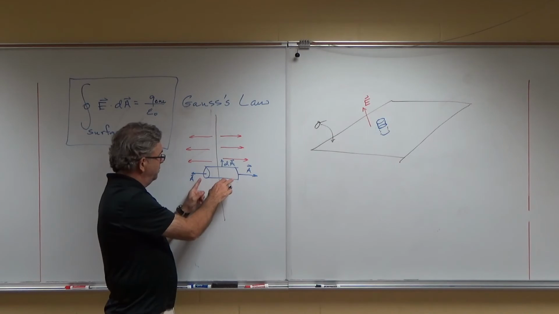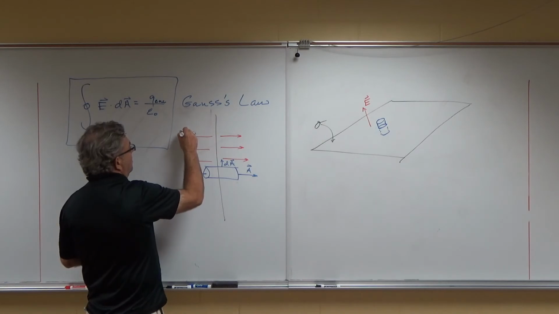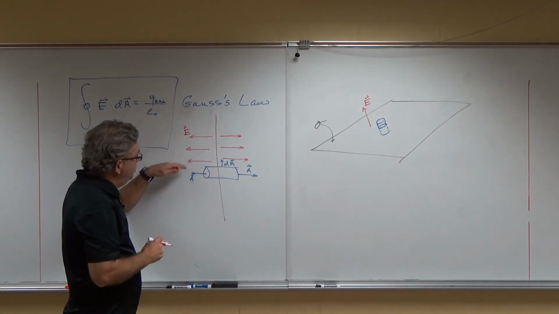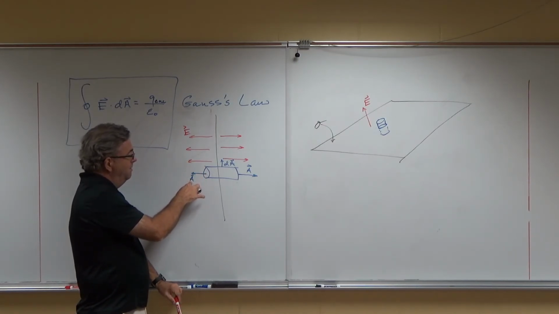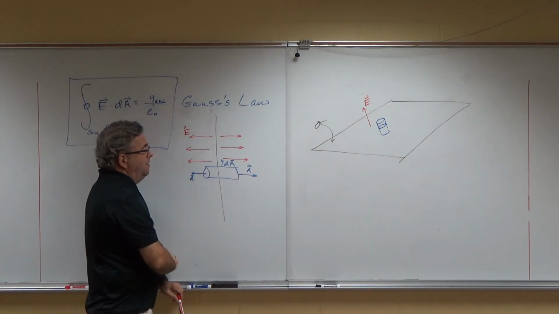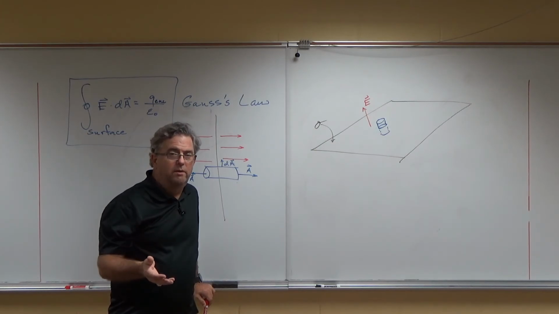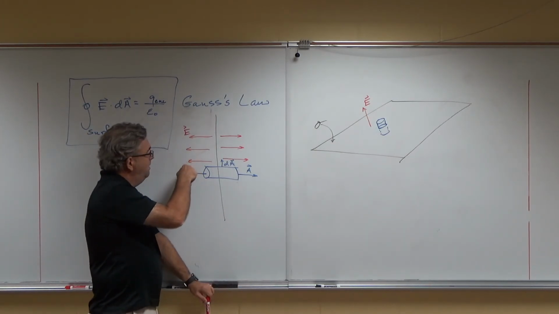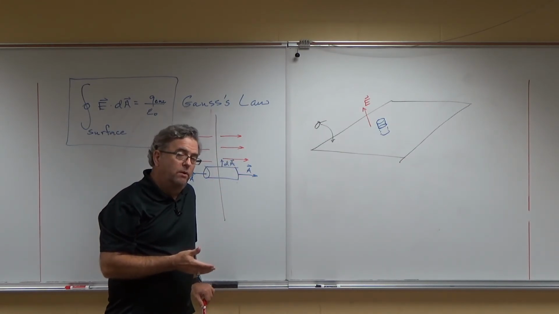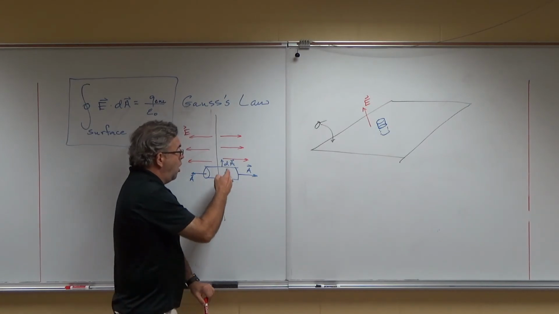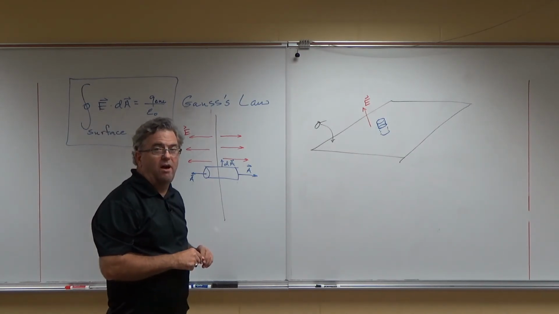But the ends are a different story. For each end, you get E dot A, and the angle between E and A is 0. So you get all the flux through the ends. And this says add up all the flux.